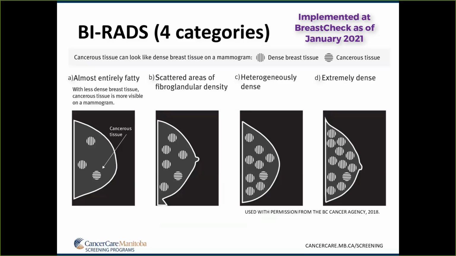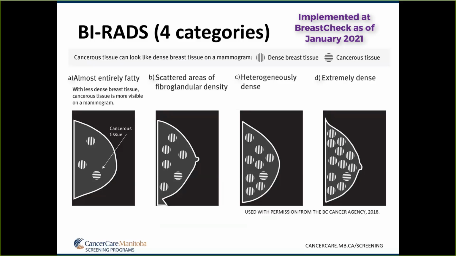As you progress greater than 25 and up to 50% density is considered the scattered areas of fibroglandular density. It becomes slightly more difficult, but still very doable, so that the sensitivity falls minimally.